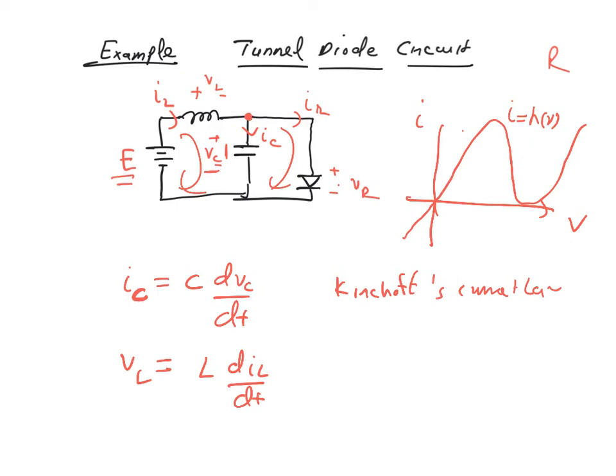So at this node, IC is leaving, IR is leaving, right? And IL is entering. So if you see arrow notations, these two are leaving, so they are considered, let's say, positive. Leaving is considered positive. So IC plus IR minus IL equals 0. That's your Kirchhoff's current law.